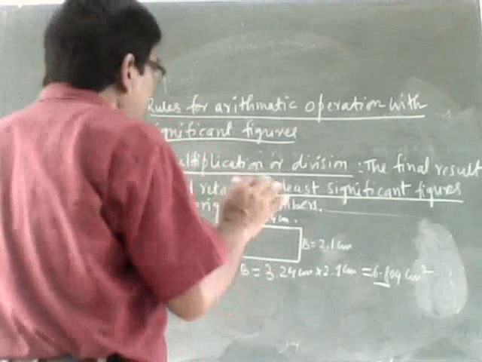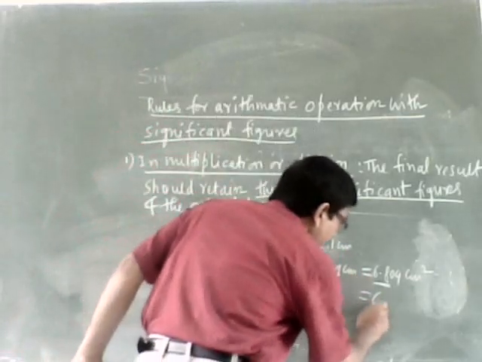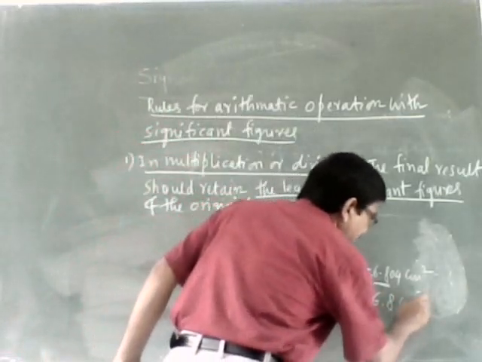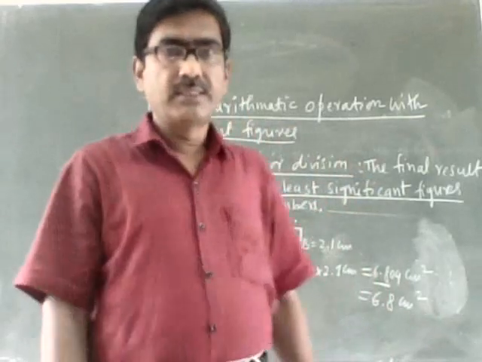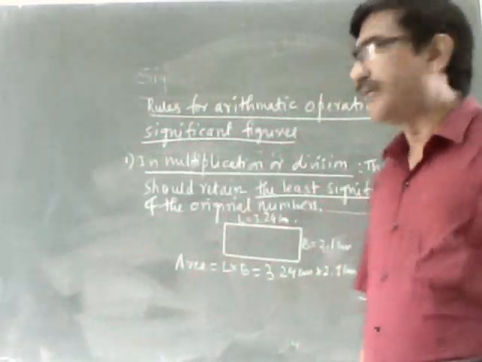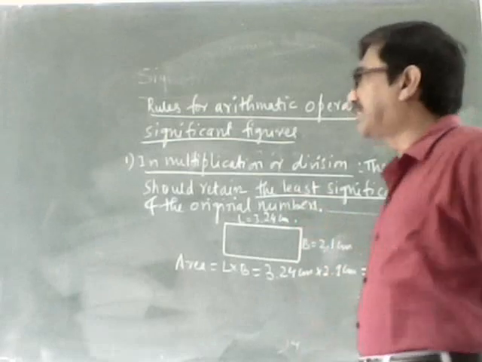The final result will be 6.8 centimeter square. Is it okay? Now this is multiplication.